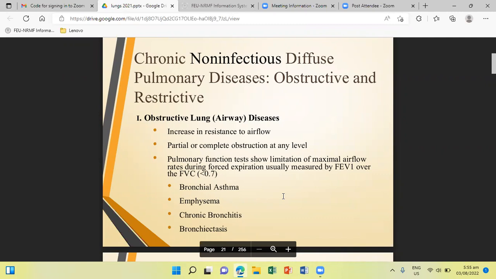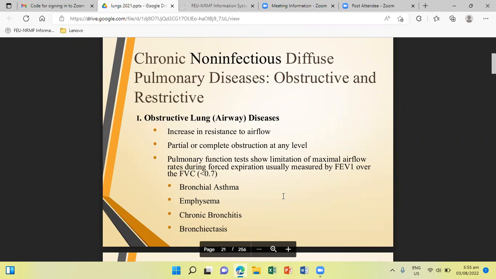When you say obstructive lung diseases, it is characterized by an increase in resistance to airflow. Why? Because there is partial or complete obstruction at any level from the trachea and larger bronchi to the terminal and respiratory bronchioles. On the other hand, restrictive, from the term itself, is characterized by reduced expansion of the lung parenchyma and decreased total lung capacity.